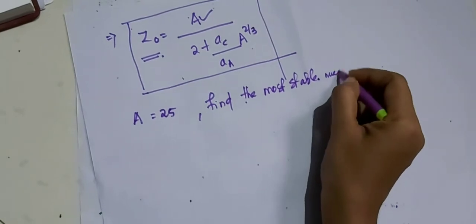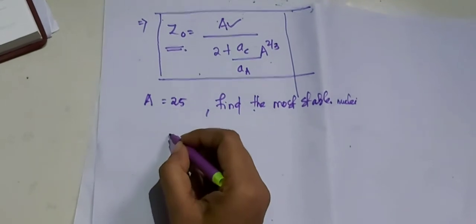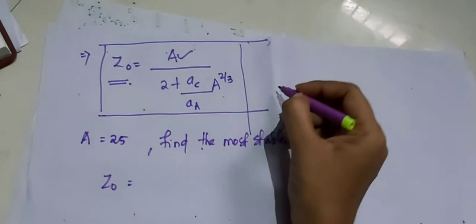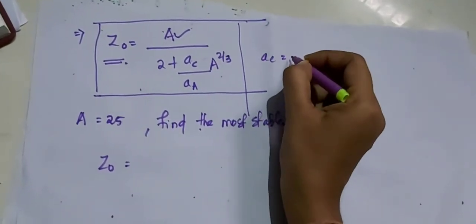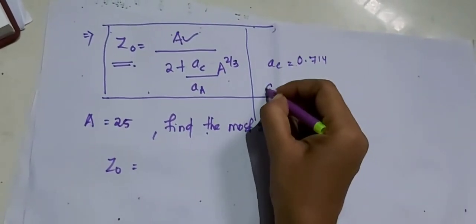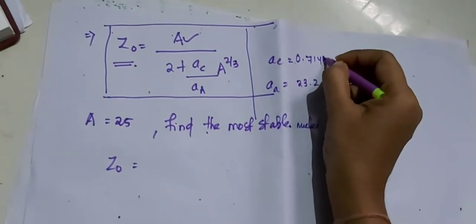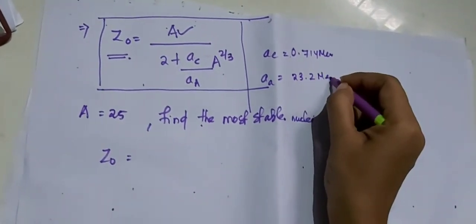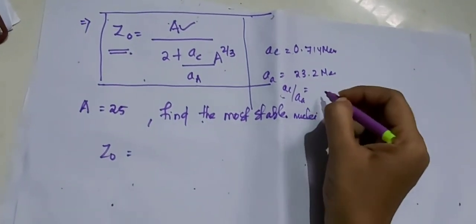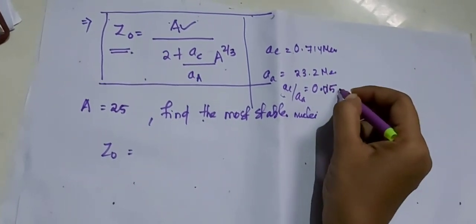Okay, so I have A is equal to 25, and we know AC is equal to 0.714 and AA is equal to 23.2 MeV, both are in MeV. If I divide AC by AA, you will see we get 0.015 MeV.